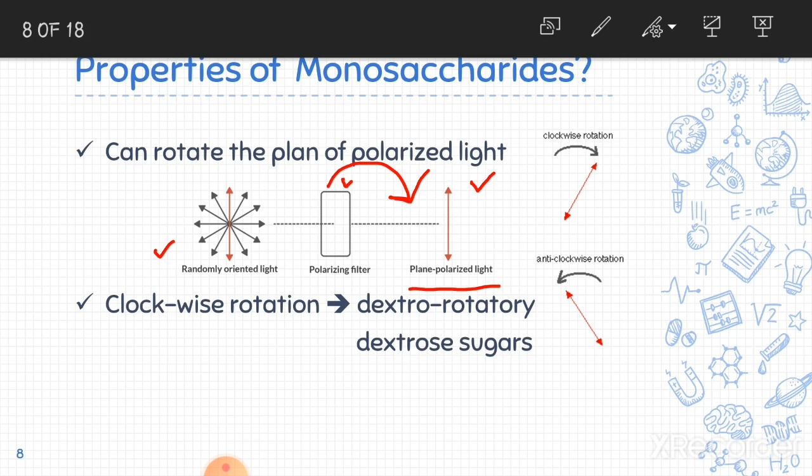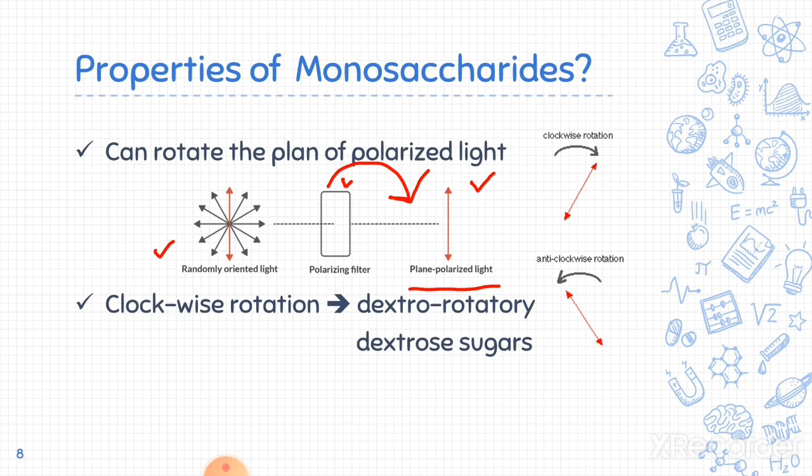So therefore these monosaccharides are also called dextrorotatory or the dextrose sugars. If you are asked why these monosaccharides are called dextrose sugars, you will say because these monosaccharides rotate the plane polarized light in the clockwise direction.